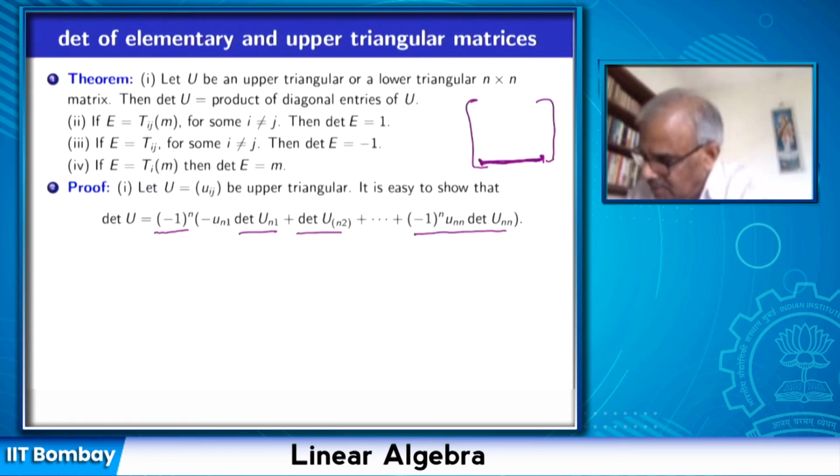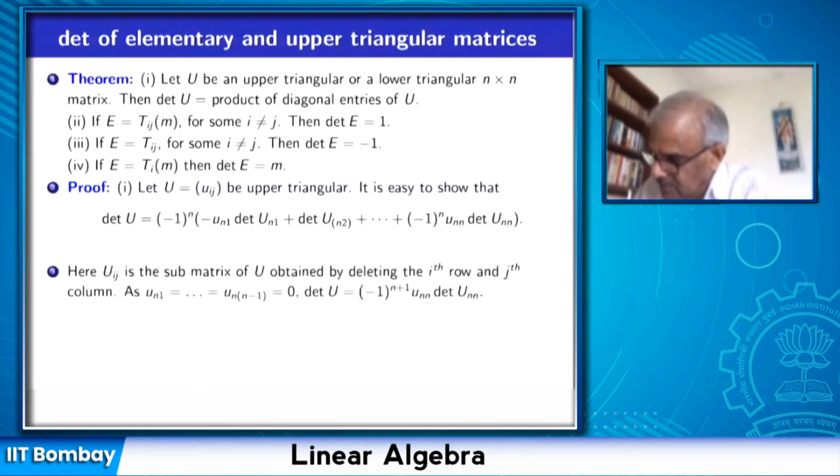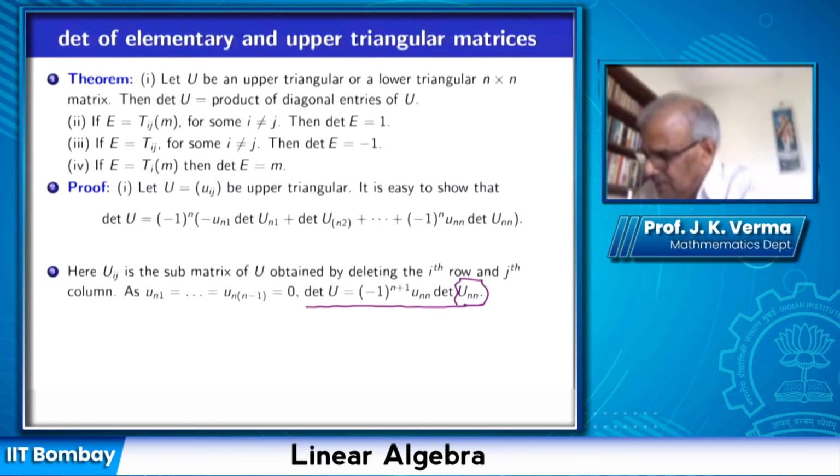But if you have an upper triangular matrix, in the last row all these are 0 except for unn. So only this term survives. Other terms are 0. So we just get the determinant of U equal to this. But what is Unn? Unn is obtained by deleting the last row and the last column. If you delete from an upper triangular matrix the last row and last column, again you get an upper triangular matrix.